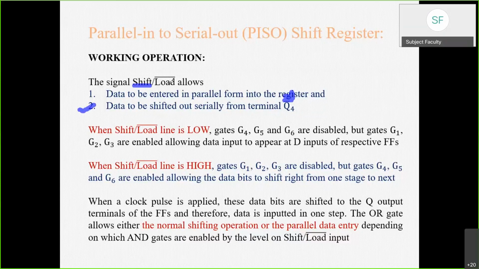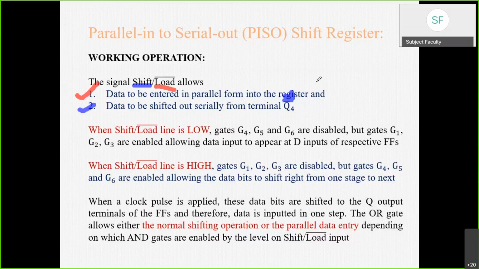You are entering your data in parallel form into the register, that means into 4 flip-flops. Since we are applying 4 bits, the 4 bits should be given to the 4 different flip-flops. That means loading is nothing but saving, and in shift mode, your data is shifted out serially from terminal Q4.